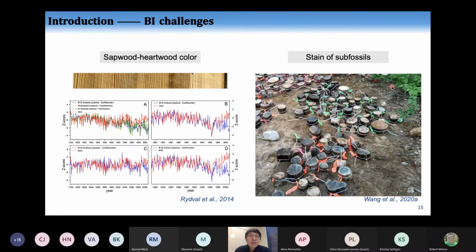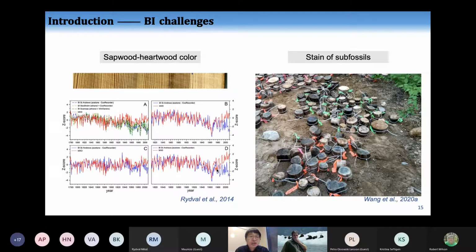The main reason why most studies only focused on living trees can be related to the challenges of discoloration. The best-known discoloration issue is the sapwood and heartwood color difference, as we can clearly see from here. Although some organic solvents could be used to treat samples in order to remove or reduce the contrast between sapwood and heartwood, we could often see some offset between X-ray density and blue intensity data measured from these types of samples.